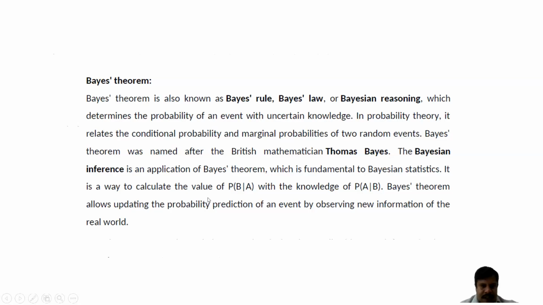It is a way to calculate the value of P of B by A with the knowledge of P of A by B. That means if we know the conditional probability of A with respect to B, we can find out the conditional probability of B with respect to A. This is the main specialty of Bayes theorem.